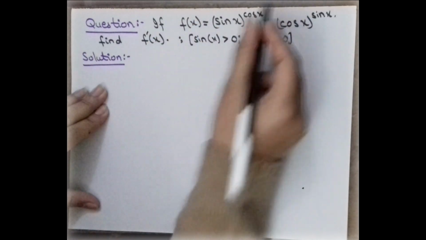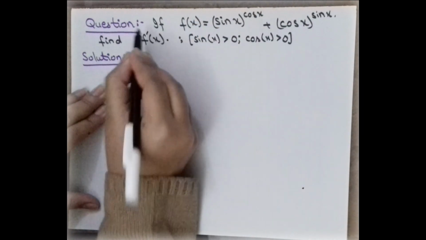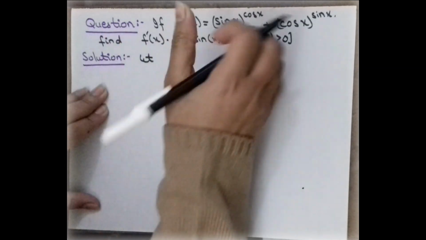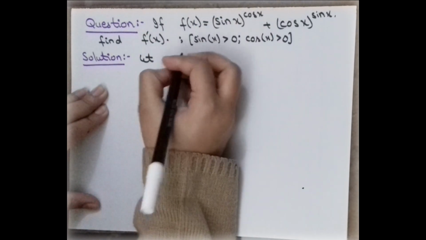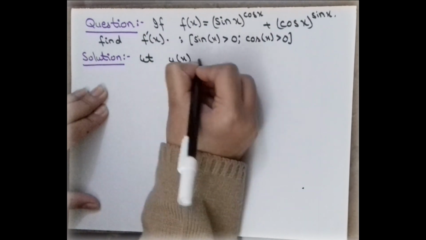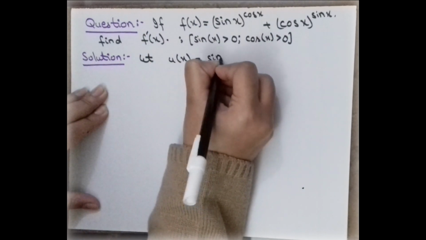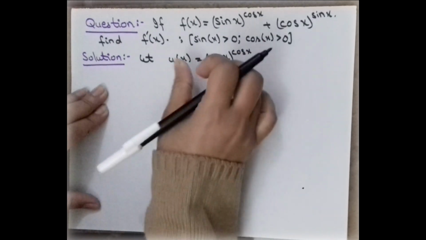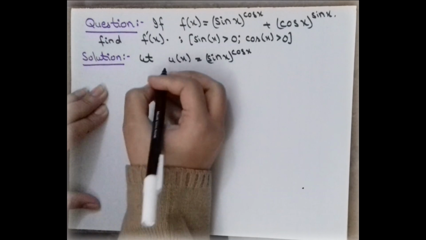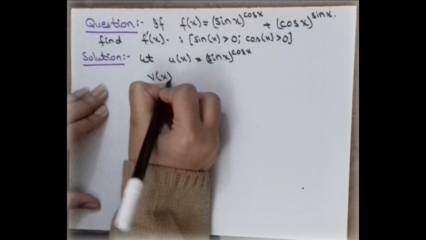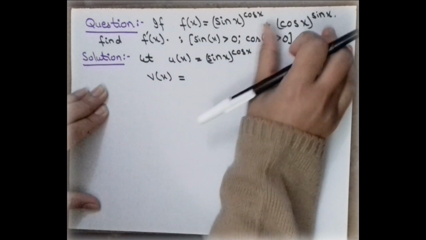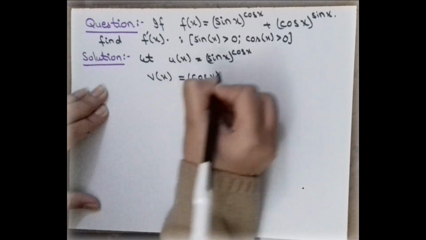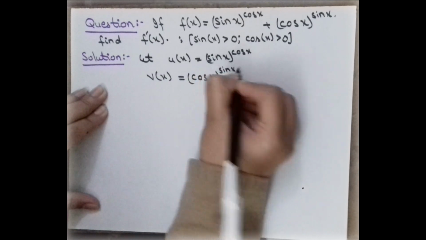So here this is given, and we have to find this term, and this is a condition. Let this whole function be u of x, which equals sin x power of cos x, and v of x, which equals cos x power of sin x.